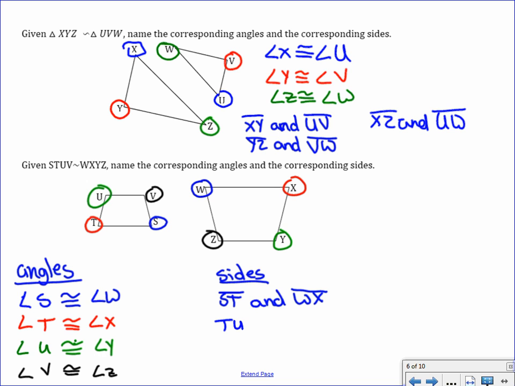TU and XY are in the same spots. UV and YZ are in the same spots. And finally, VS or SV and ZW or WZ are in the same spot.